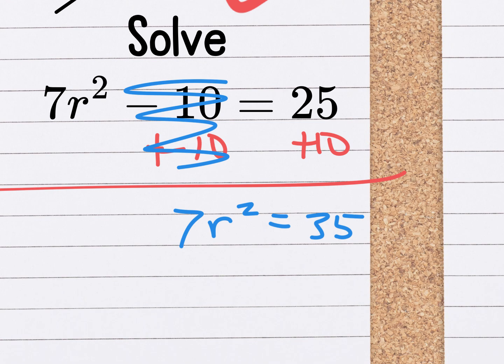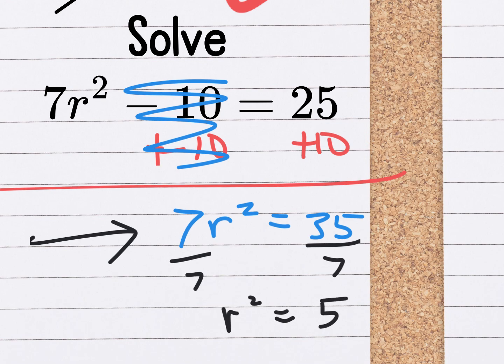Is there anything you could add or subtract to make this better? No, we already did that, add or subtract. How about multiply or divide? Would you divide by 7? Correct. 35 divided by 7 is 5.